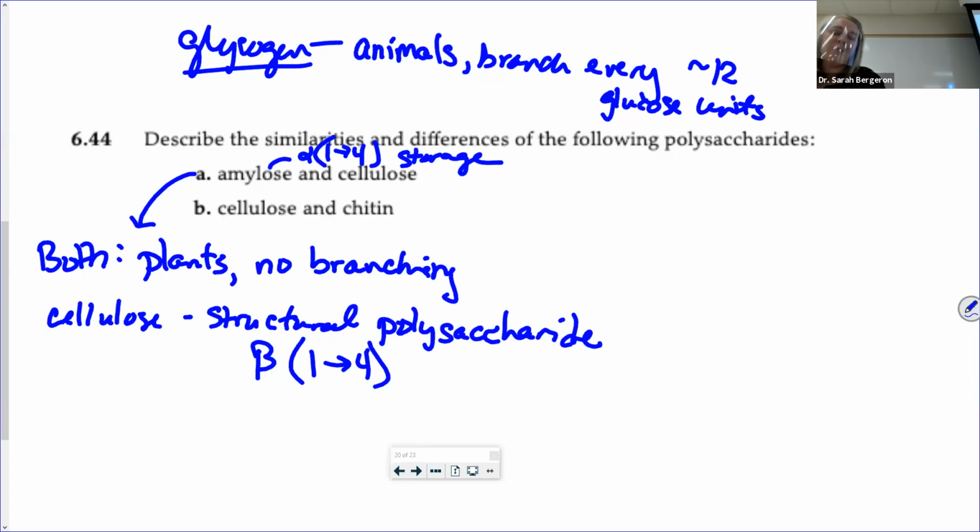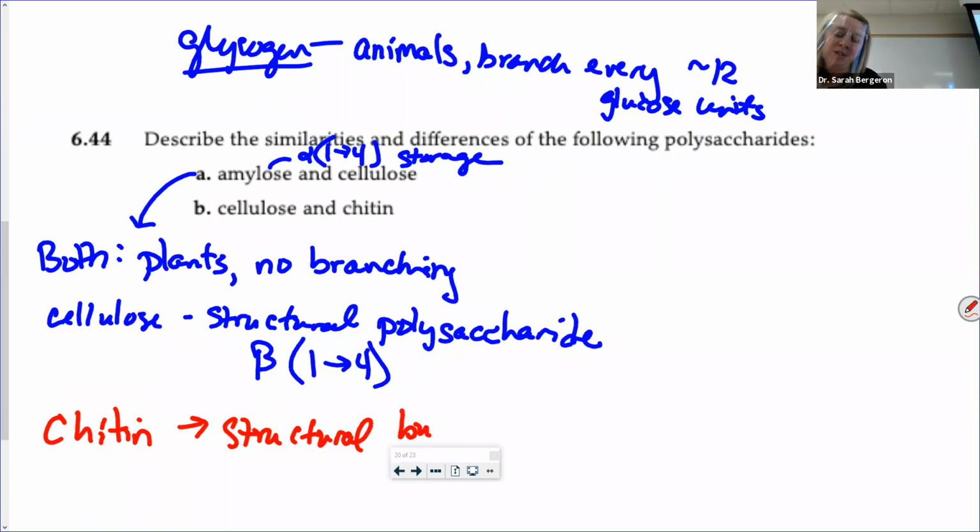Okay, so now we've kind of talked about cellulose. What's the deal with chitin? Chitin is also structural, but it's not structural in plants. Anybody know what organism we could find it in? Bugs, crustaceans, right?